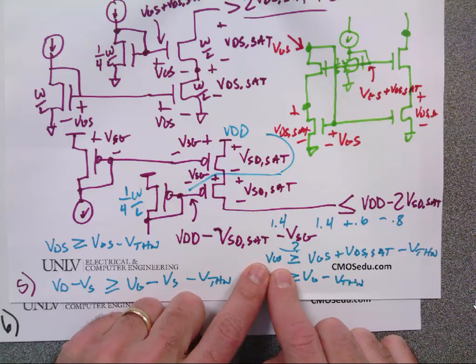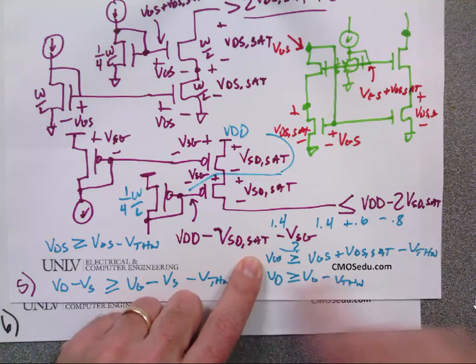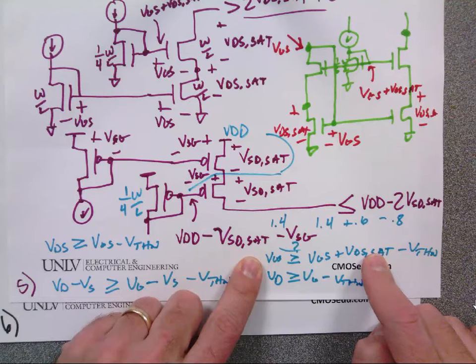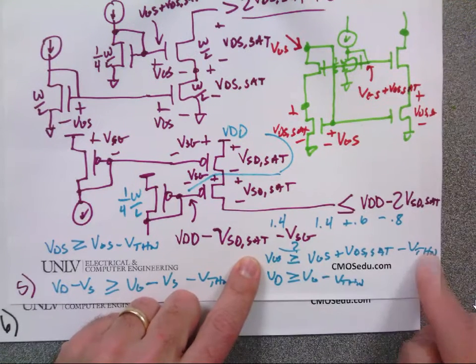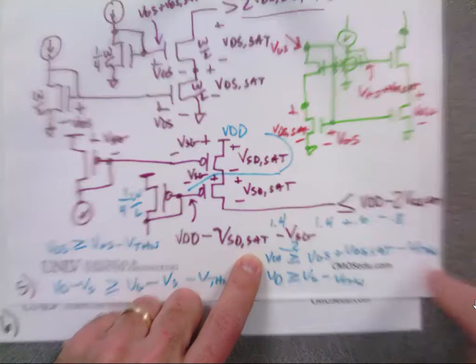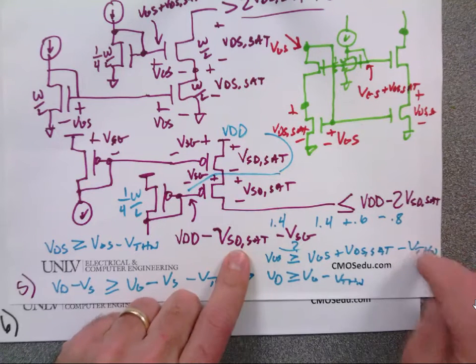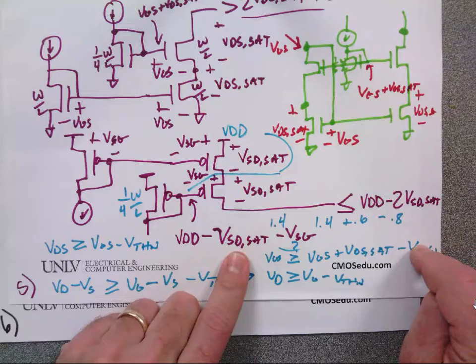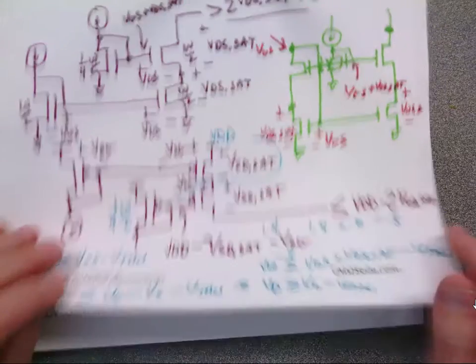So I just use the numbers from the quiz. 1.4 is the VGS, 0.6 is the VDS sat, 1.4 minus 0.8, and 0.8 is the threshold. It's in the book too if you think I'm wrong. Trust me, I'm from the government.